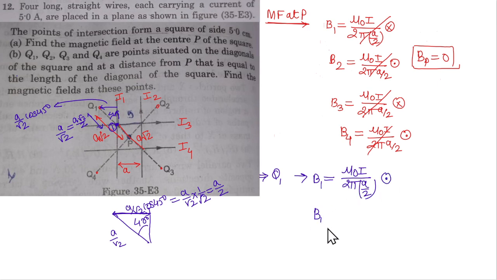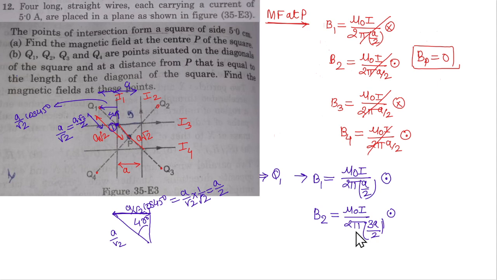But if you are finding the magnetic field due to current I2, let us consider it is B2. So it is mu naught I divided by 2 pi, and this distance will become 3a by 2, because this distance is a and this will be a by 2. So total distance is 3a by 2, and the direction is again outward.